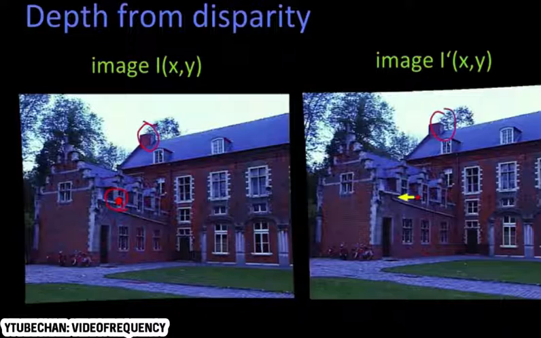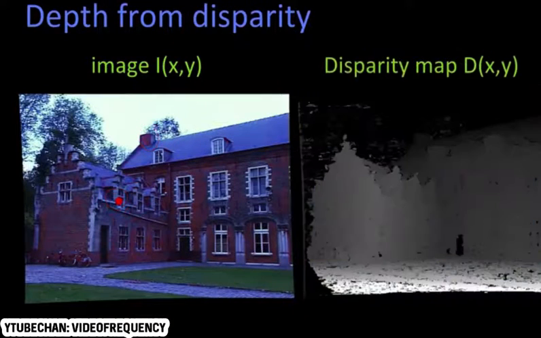You can see that in the image on the right, the chimney has moved to the left with respect to the tree behind it, so that's the right image. What happened is if I go to the same location in this image as in the first image, I don't land on the window. I actually have to move this far in order to get to that window point. That's the disparity. And in fact, you can build what's called a disparity map.